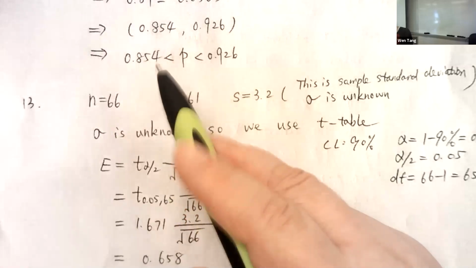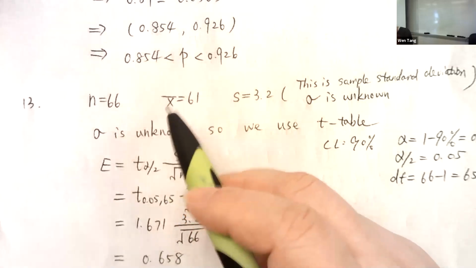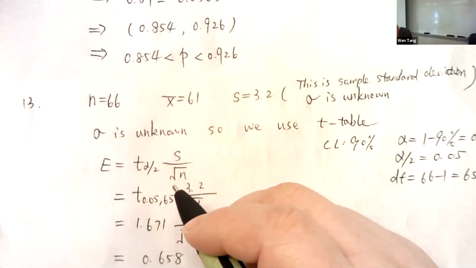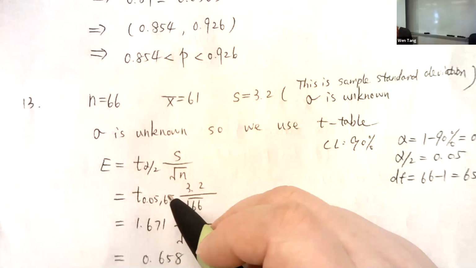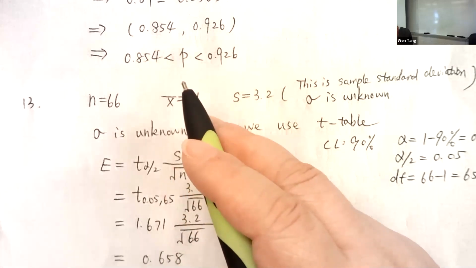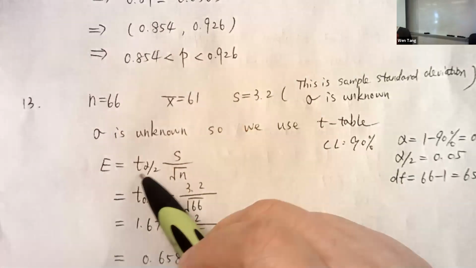So you see, for the proportion and for the mean, we have totally different formulas to get the margin of error. So don't mess up. This is the formula for the confidence interval of the mean value, and the previous margin of error is the formula for the proportion, okay? So here, we're going to check the T table to find the critical value.